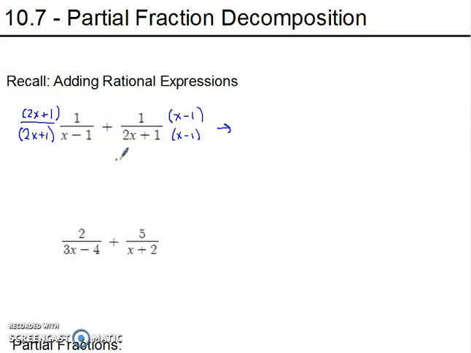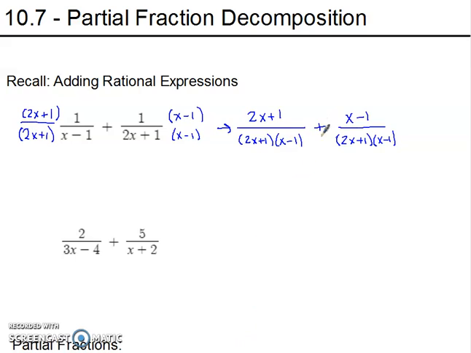Doing so, my first fraction, 2x plus 1 times 1 is just 2x plus 1, and my denominator I will leave in factored form, so 2x plus 1 times x minus 1. From here, I'm going to add on that second expression, 1 times x minus 1 in the numerator, which is just x minus 1, and the denominator is also 2x plus 1 times x minus 1.